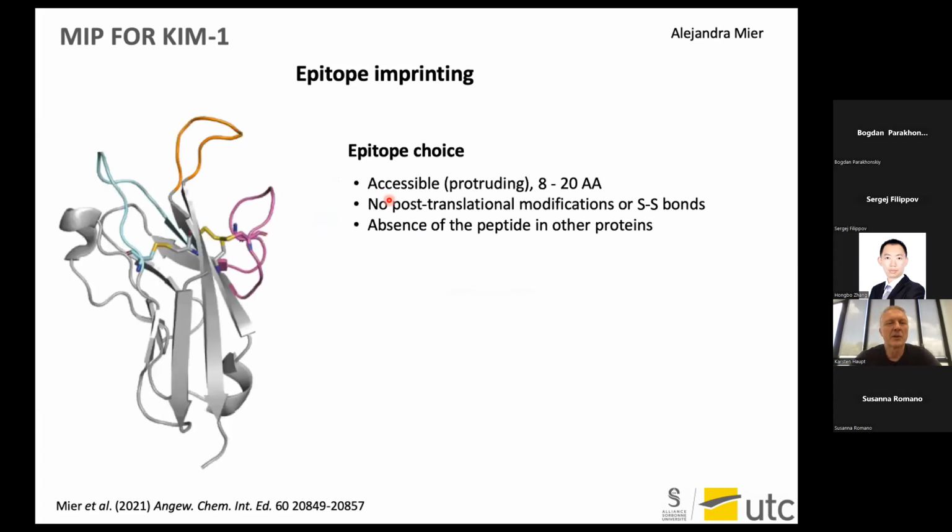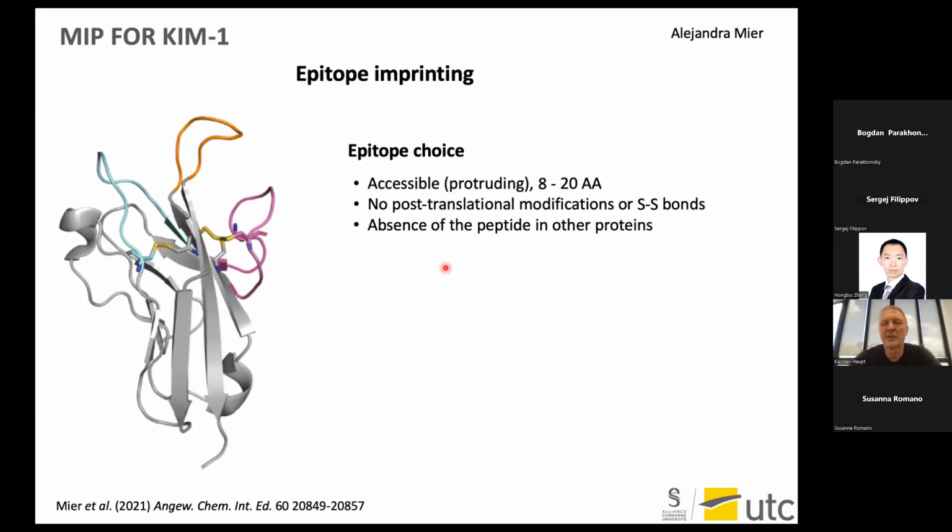Now, if we have a look at the KIM1 protein, which we have here, we have to choose, of course, the right epitope that we can use for molecular imprinting and that will later be recognized by the synthetic antibody. And for this, we will use rules or criteria that are similar to the fabrication of peptide antibodies.